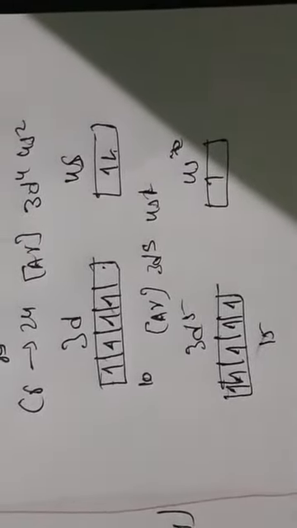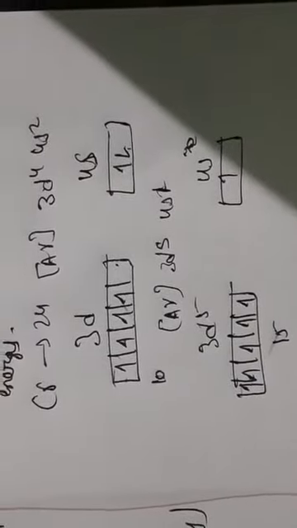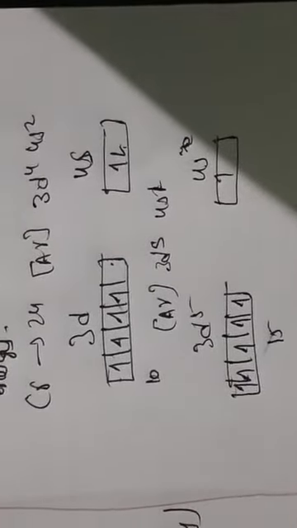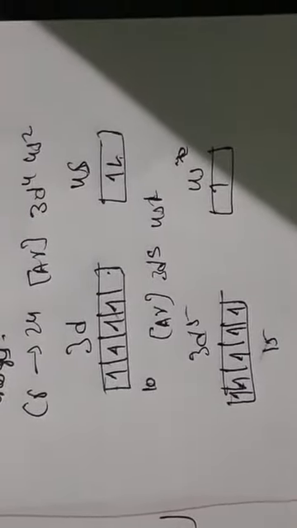Because of this reason only, half-filled and completely filled orbitals are stable. So for d5, I told you 15 exchanges are possible. How is it going to happen?